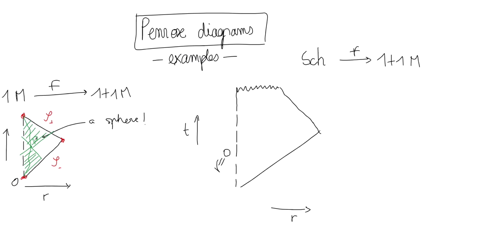And so here we have the past timelike infinity, here the future timelike infinity. Again, we're left with only one spacelike infinity. This curved line represents the singularity of the black hole.